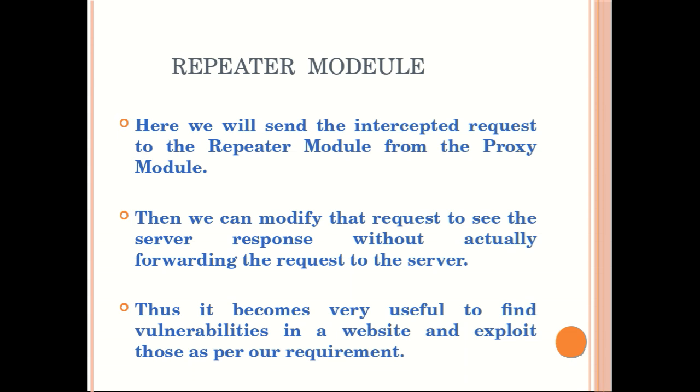We are not actually sending this request to the actual server, but inside our Burp Suite only we are toying with the request. We change something and see the response, and accordingly we do the modifications. Thus it becomes very useful to find vulnerabilities in a website and exploit them as per our requirement.